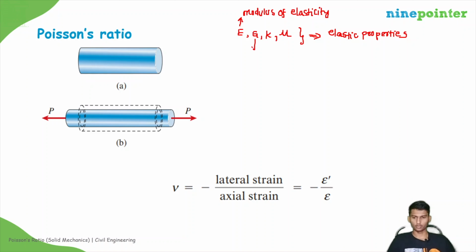G is shear modulus. It is also known as modulus of rigidity. Right? The K is known as bulk modulus. This is Poisson's ratio.